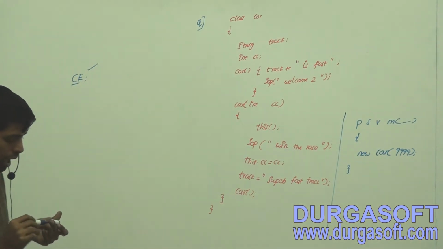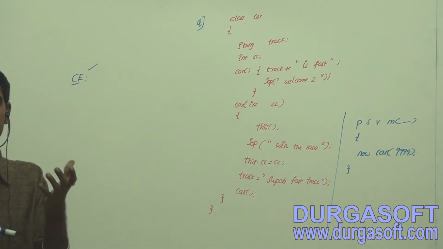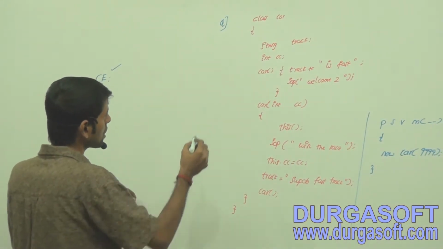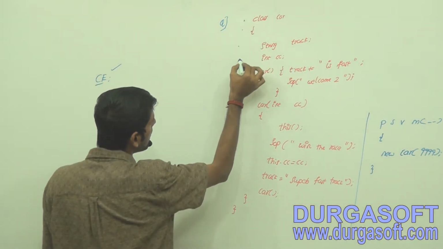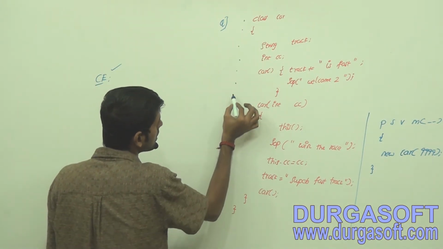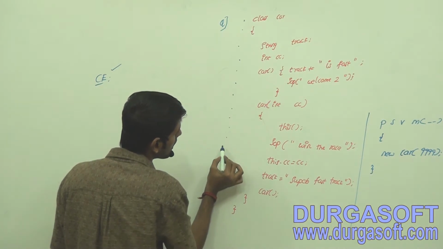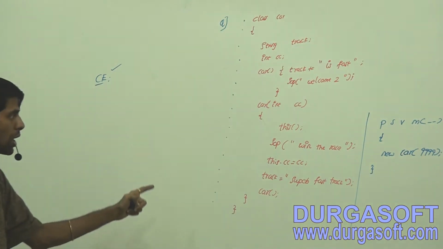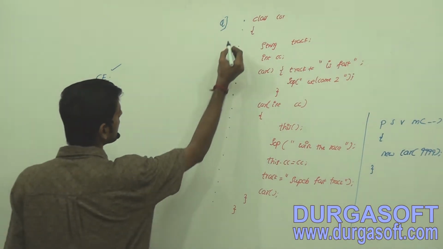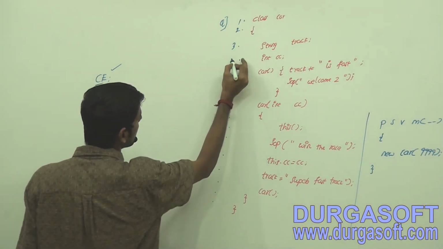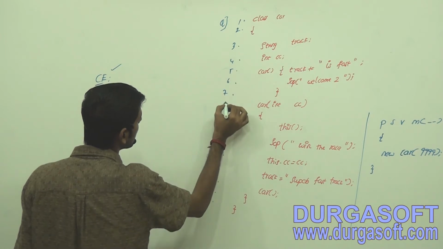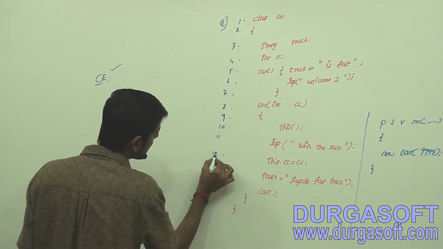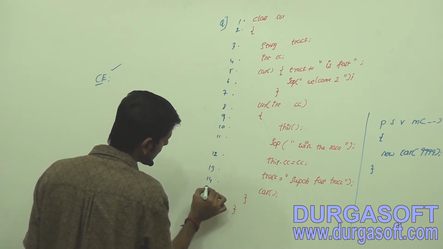Please try to observe where the compile time error occurs, because of which instruction the compile time error occurs in this piece of code. Very important, friends: at which line number, and because of which instruction, the compile time error exists.